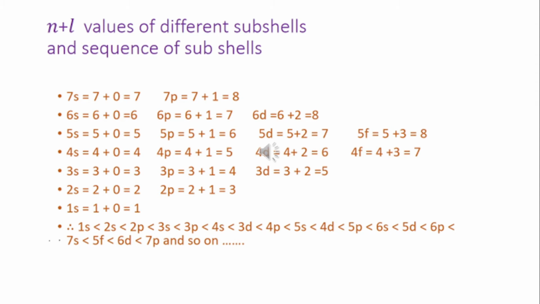So in this way we can have a sequence of subshells like 1s, 2s, 2p, 3s, 3p, 4s, 3d, 4p, 5s, etc. which is written on the slide.